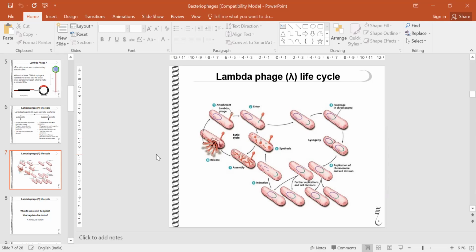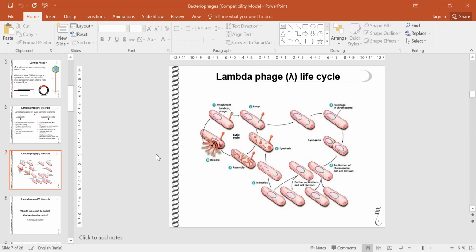Once the bacteria divides, the genome of the bacteria as well as the genome of the bacteriophage is going to replicate. So it happens only in the case of cell division. They are not going to make any bacteriophage progeny inside there. It only happens in cell division, and the bacteria is going to divide.